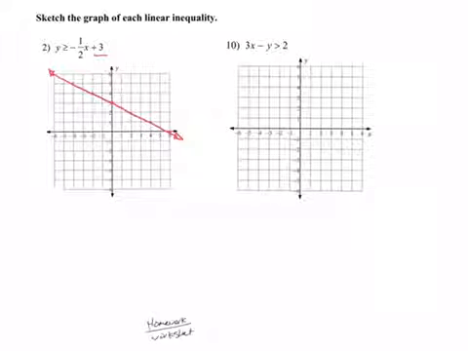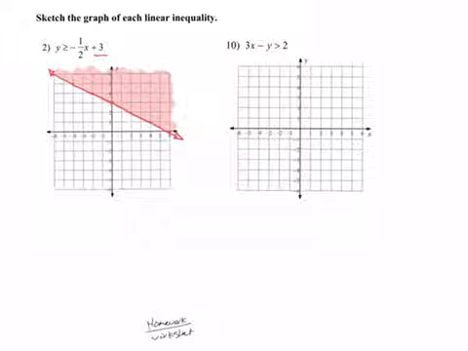Now, I need the y to be bigger than this stuff over here, so it's going to be values up here. So I'm going to shade all up here. Normally I'd turn my pencil on its side and shade with the side of my pencil whenever I'm shading this by hand. You can shade above.